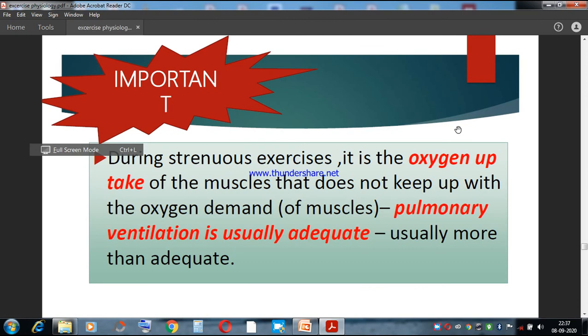During strenuous exercises, it is the oxygen uptake of the muscles that does not keep up with the oxygen demand of the muscle, because pulmonary ventilation is usually adequate, usually more than adequate. So it's very important that during strenuous exercises there is an imbalance, but that is being aided by the pulmonary ventilation, which is much more than adequate.